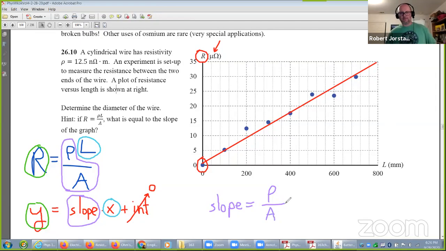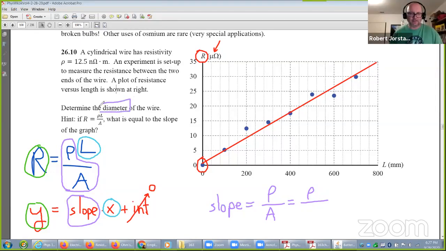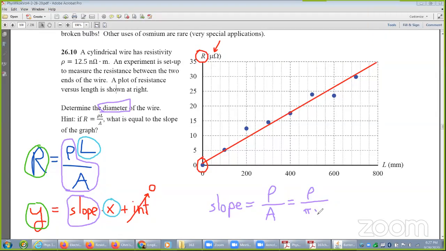And then for us, this is a cylindrical wire. What is the area? Pi r squared. Yep. And then notice this problem says diameter, so that's going to make us change it to pi times one half d, squared.